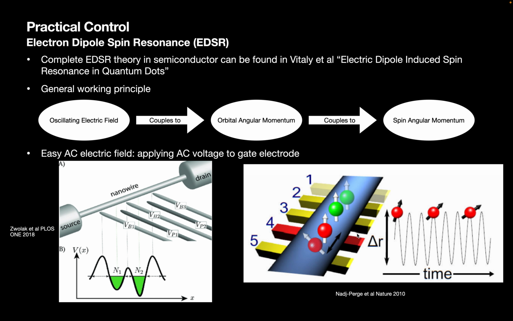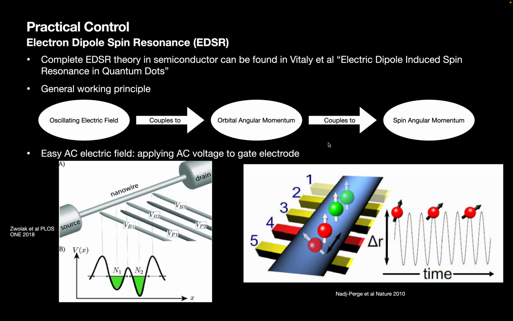As displayed in this picture right here, if you apply an AC signal on gate 4, it causes the red electron to move left and right. It's basically shaking it. And as you shake it, due to spin-orbit interaction, its spin is going to experience an X rotation with time.